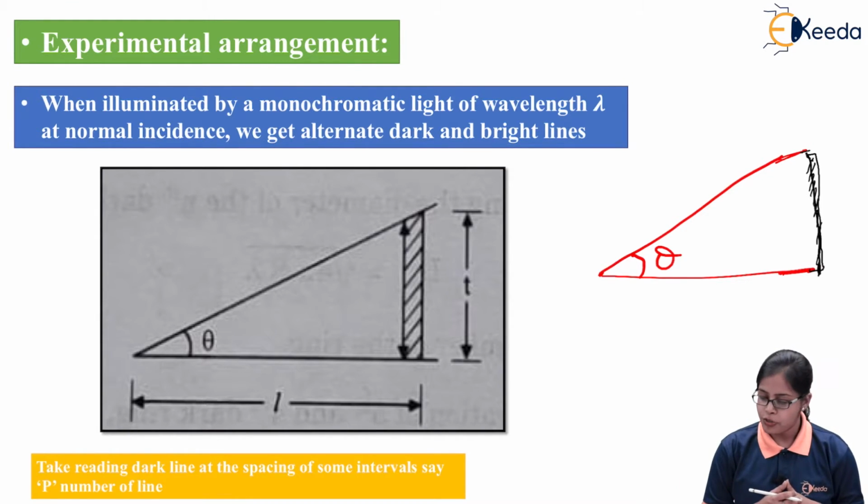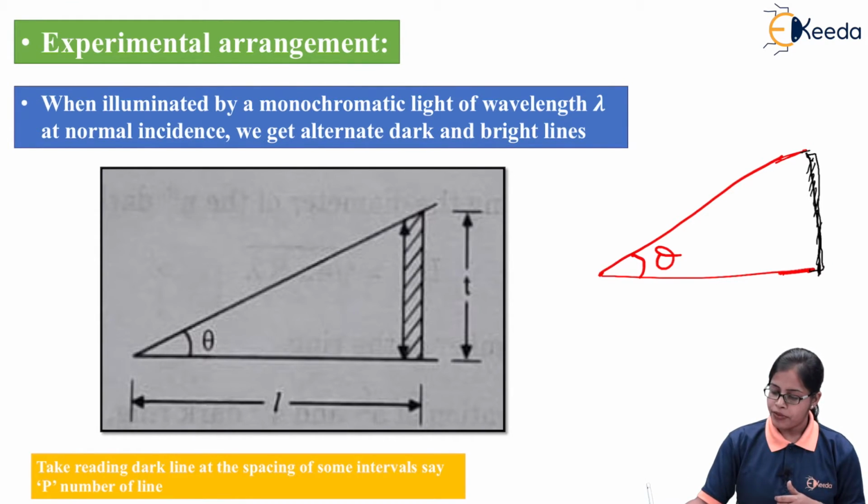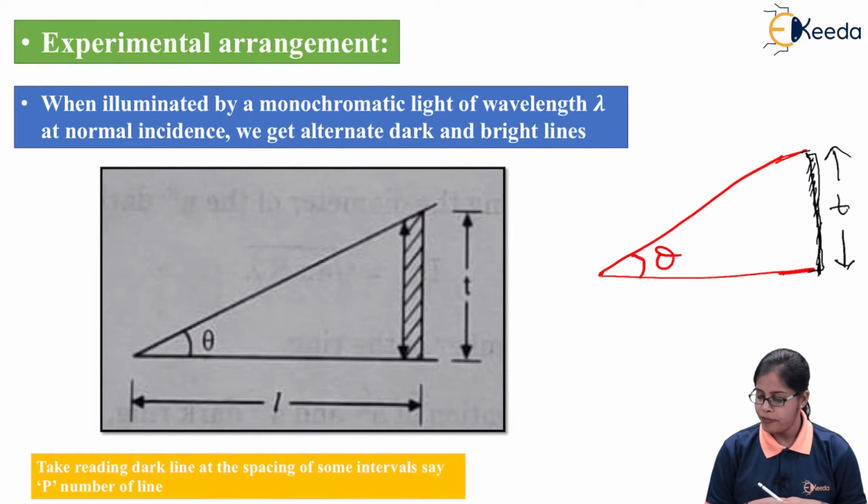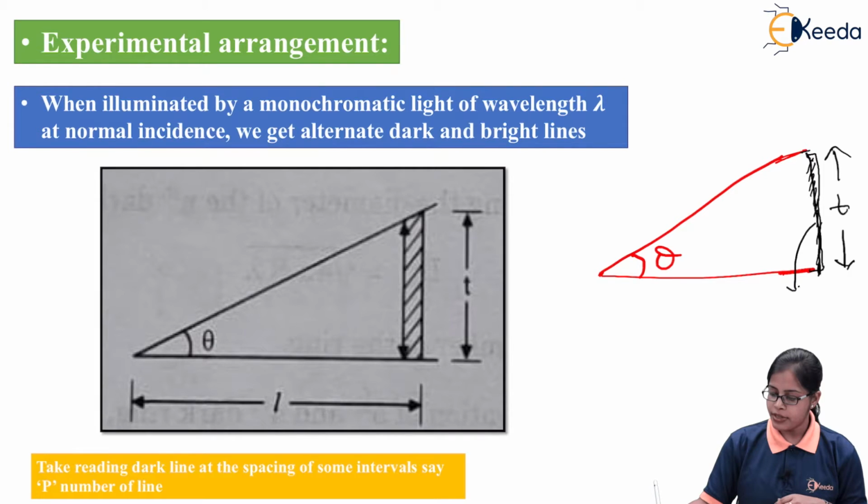We consider the gap between the two glass plates to be T, which is the thickness of the air film over there. This is the wire whose thickness has to be determined. Secondly, this glass plate has a certain length, and that length is taken to be L.